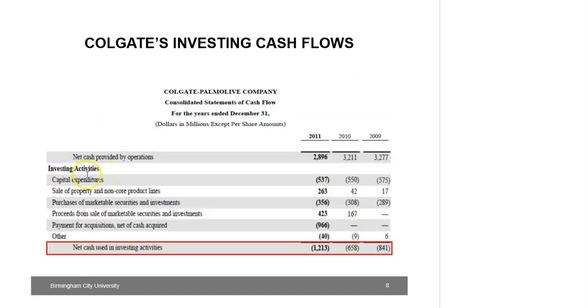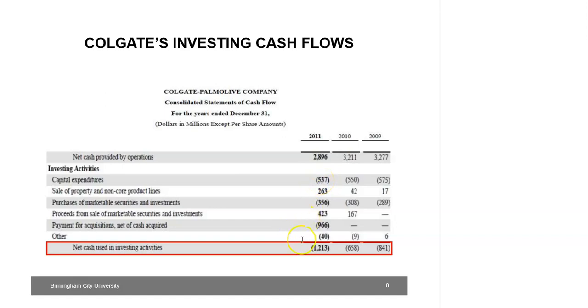Here we have the investing activities section of the cash flow statement of Colgate, and we can see that the net cash provided by operating activities exceeds the capital expenditure required in each year for Colgate. For example, in the year 2011, the net cash provided by operating activities is $2.896 billion. In the same year, the capital expenditure required is $537 million.